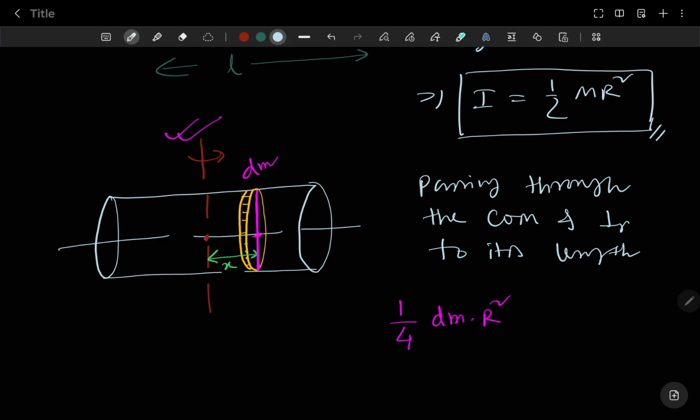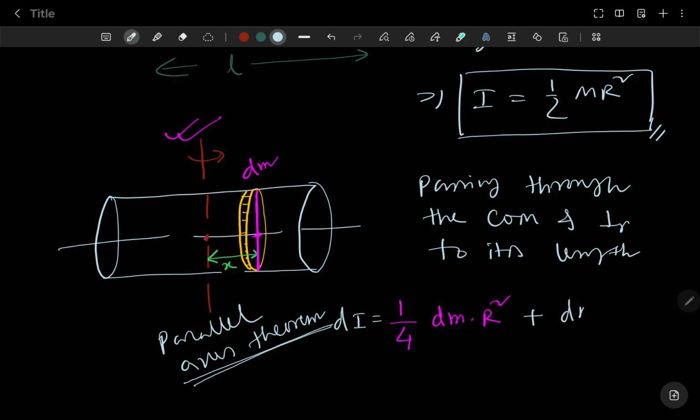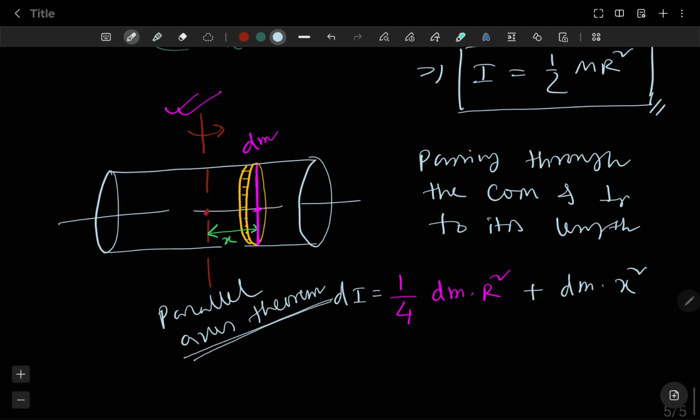Using the parallel axis theorem, the moment of inertia of this disc dI is equal to the moment of inertia about the diametrical axis, that is I_CM, plus m a squared, where a is the perpendicular distance between the parallel axes, that is x squared.